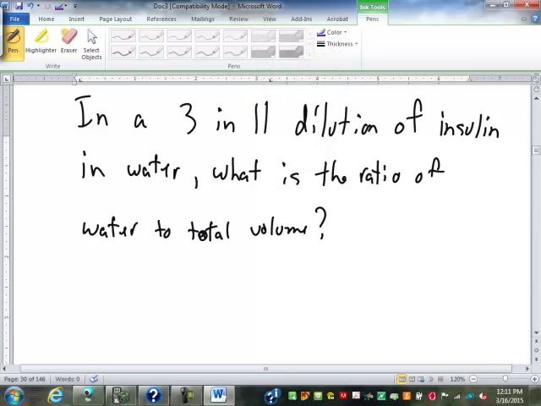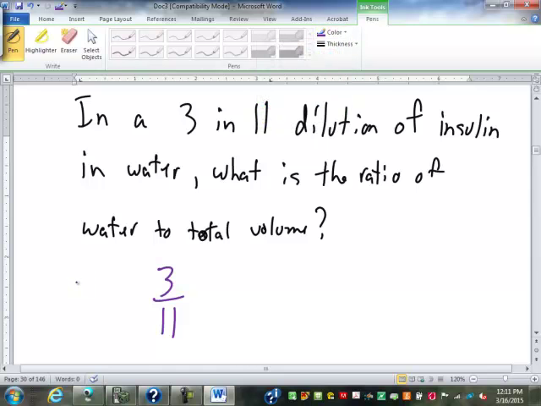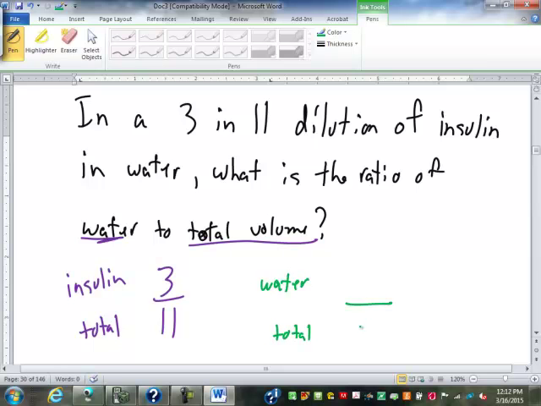So again, the only ratio given in the problem is the 3 to 11 dilution. But the 3 is the serum, in this case the insulin, and the 11 is the total. Now in this case, we want total in our ratio, but we want water, not insulin. So we want water to total. So now in this case, it's the 11 that doesn't change. The total doesn't change. The water, however, if there's 3 parts of insulin, there's 11 minus 3, or 8 parts of water.